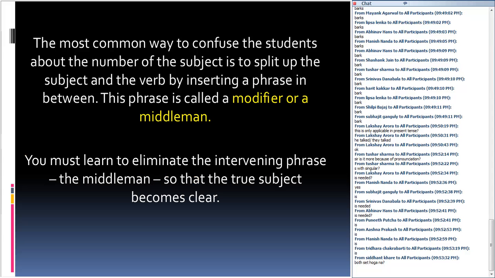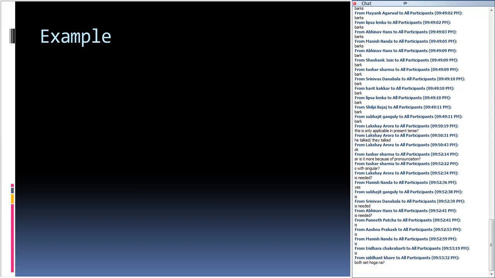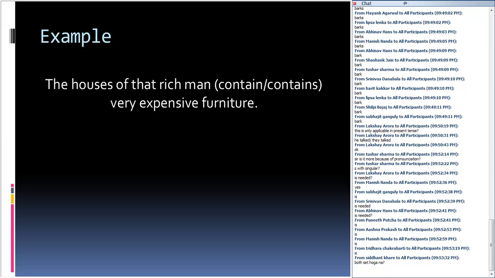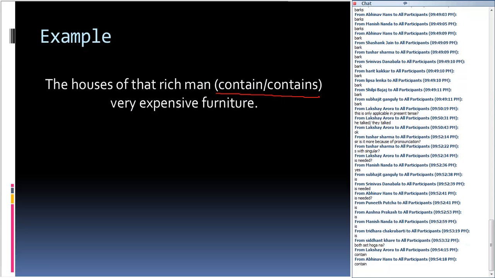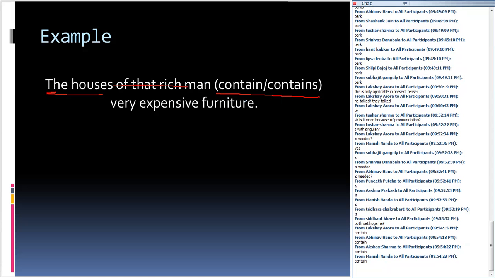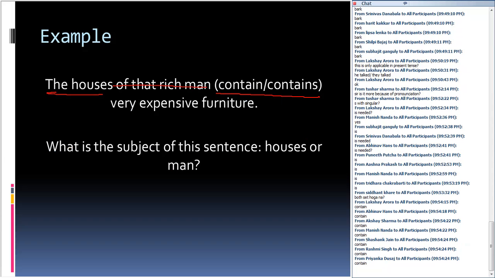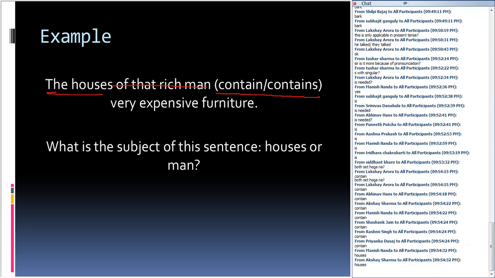Okay, for example, let me just give you some examples. जैसे देखो, the houses of that rich man contain या contains very expensive furniture. तो यहाँ पर वर्ब है, ये वर्ब है और ये सब्जेक्ट है, इसके बीच में "of that rich man" एक्स्ट्रा इंफॉर्मेशन है. So what is the subject of this sentence? Are you talking about the houses or are you talking about the man? You're talking about the houses, right?